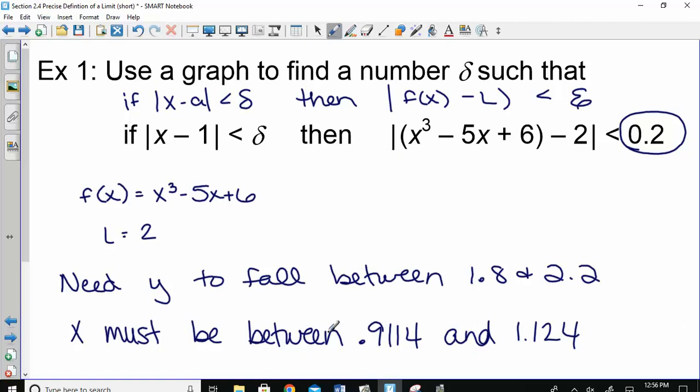We said it had to be between 1.8 and 2.2. If I plug that in, I get 2.1. And any number you pick in this window will get your y close enough. All right. I know it's not clear yet, and that's okay. Do you guys kind of understand what we're going for? If we want our y's to fall within a certain window, our x's have to be within a certain range.